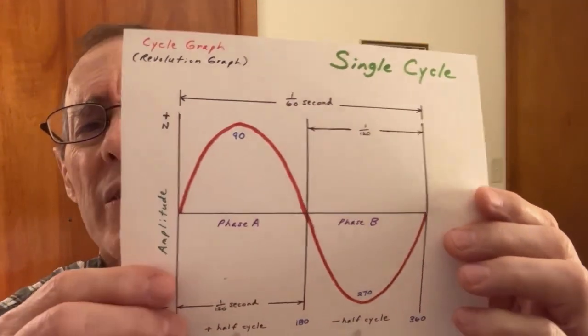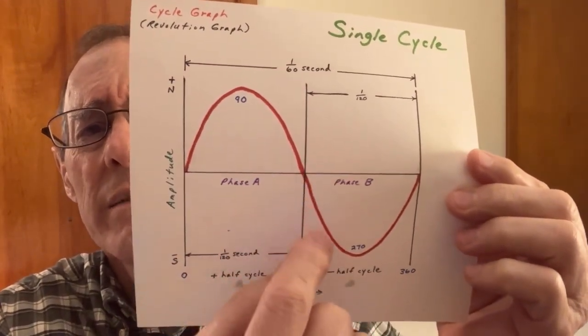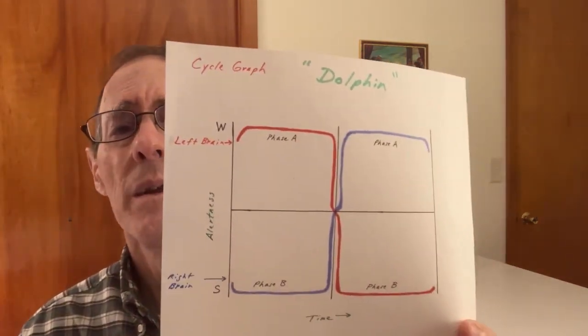Whereas in your single cycle electricity, two different things aren't happening simultaneously. One direction here, then it reverses here. Okay, do you understand that? Now, you have one brain in the dolphin. It's in two halves, but there's two opposing cycles.